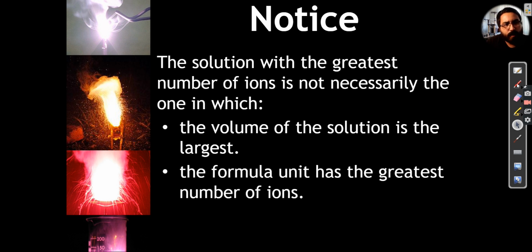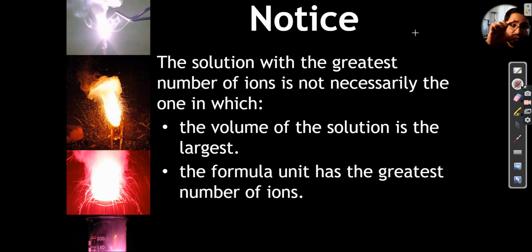What determines how many particles are in there is not the volume. You can have a lot more particles in a very small container than you do in a very, very large container. For example, a concentrated acid. If you see a concentrated acid, as concentrated as you can get, like let's say HCl at 12 molar, HCl at 12 molar has a bunch of particles.